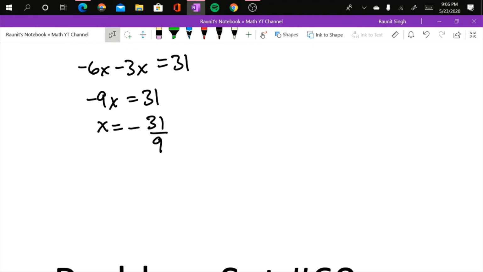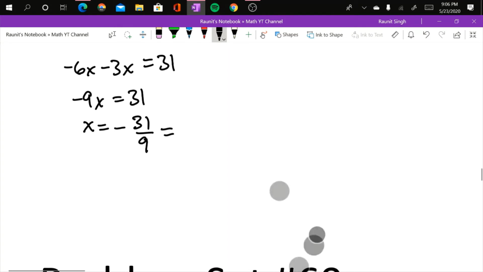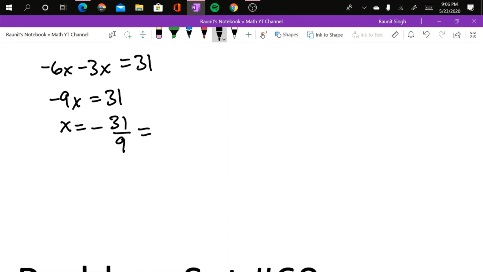If we want to turn it into a mixed number, we would find out how many times 9 can go into 31. 9 times 3 is 27, and 9 times 4 is 36. So we're going to use 9 times 3. So that's negative 3.